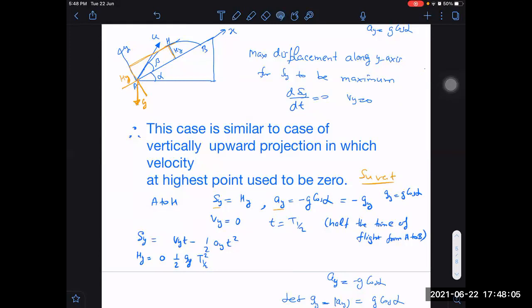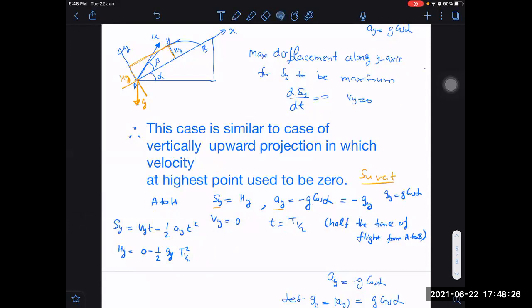Tell me what is the answer if you solve it. Can you solve or not? Uy square by 2gy. What we wanted to obtain was time, and Uy is not even there. How are you saying Uy square by 2gy?